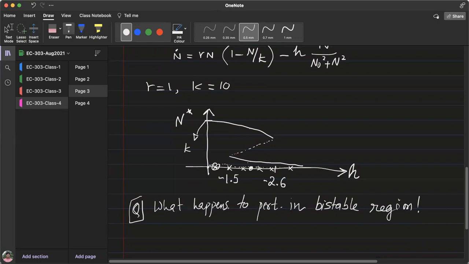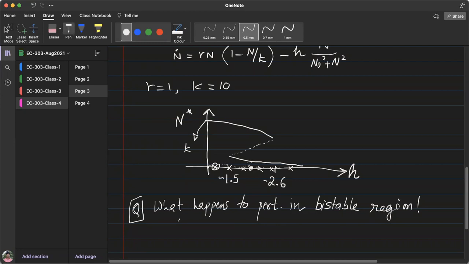Where will this go? Now, of course, you already have some hints from your mean field model understanding. If I make a small perturbation, where do you expect to go in the mean field limit? Will you go to the lower branch or the upper branch? Lower branch, right? So a small perturbation should lead to the lower mean field branch.